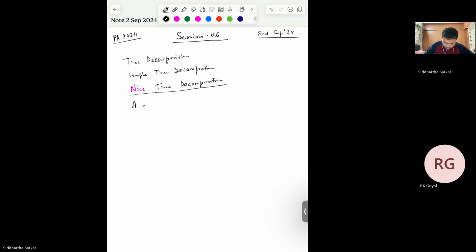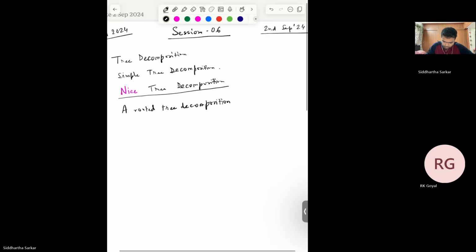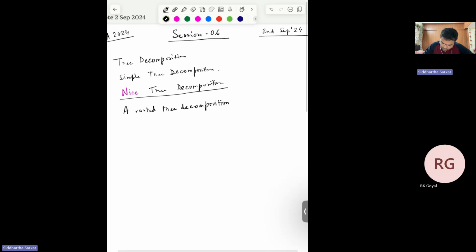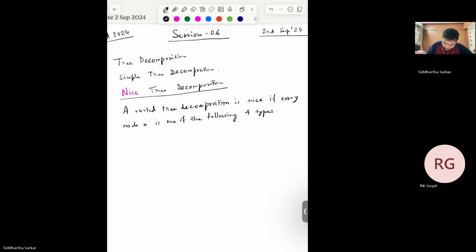A rooted tree decomposition is called nice if every node X is one of the following four types.